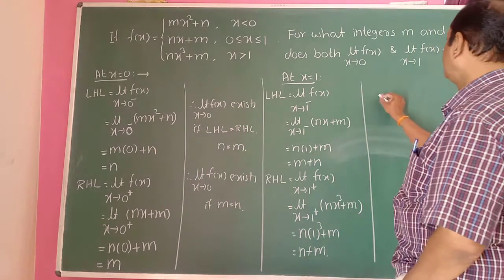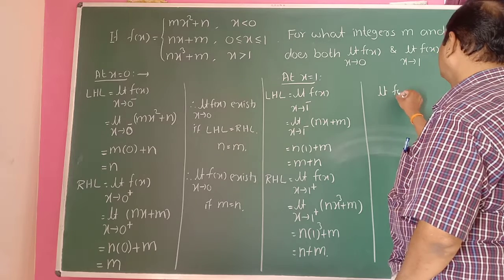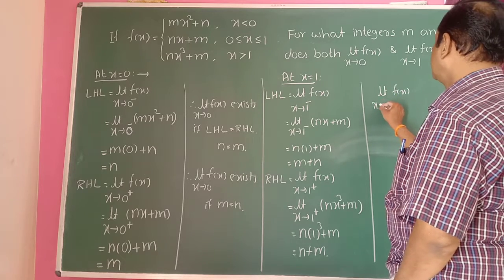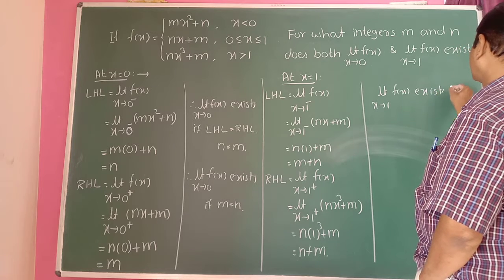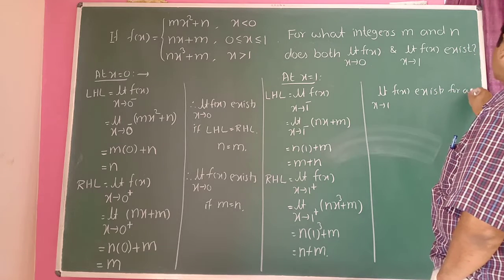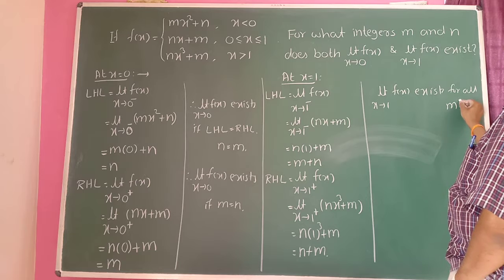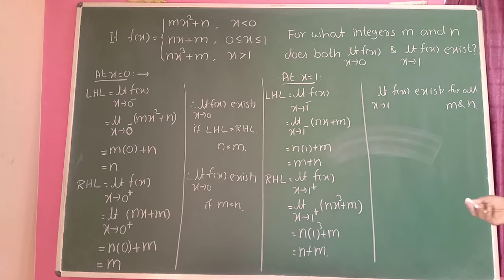Okay. Therefore the limit of f of x as x tending to 1 exists for all m and n. Whatever m and n values may be, the limit of the function exists here.